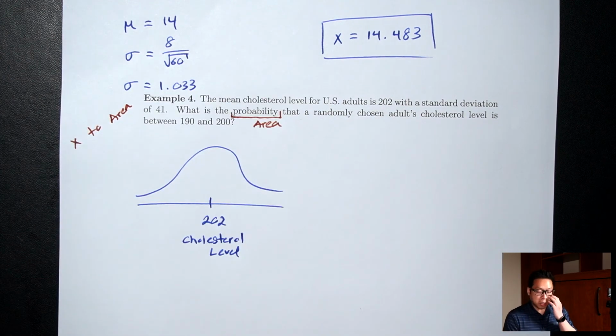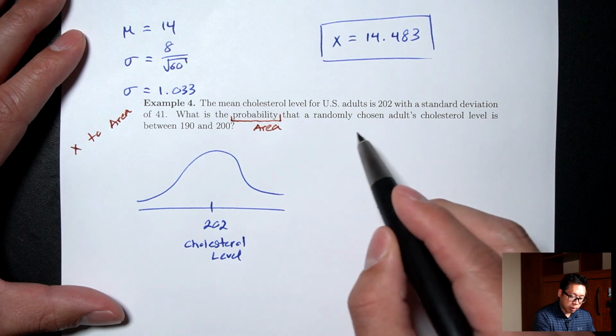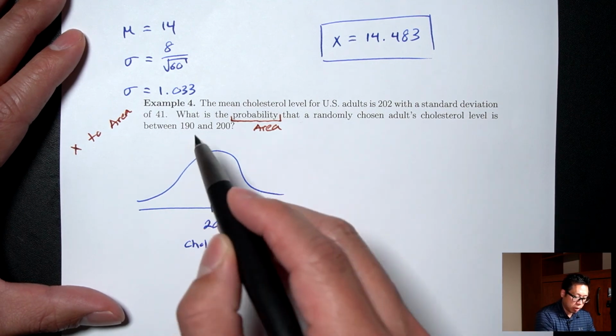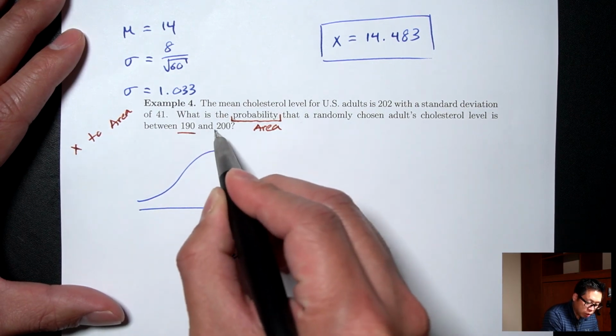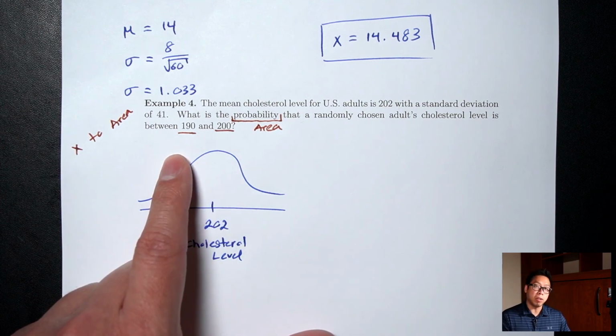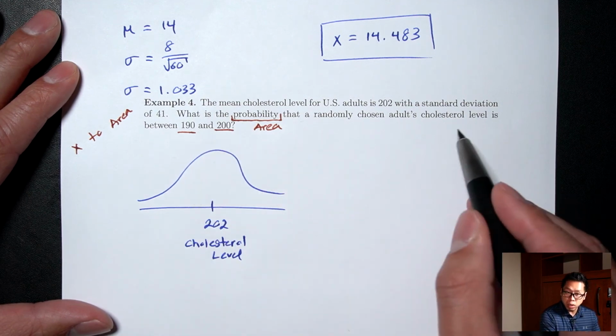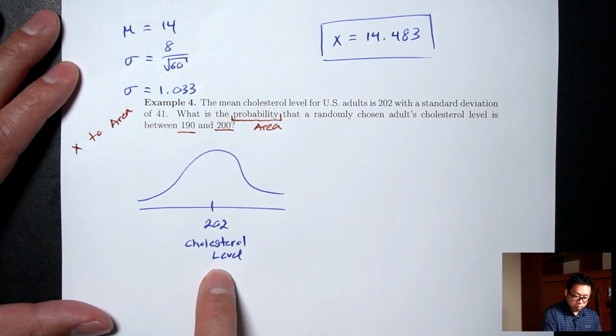Another way to decide is to read that last sentence and look at what else I'm giving you to start with. What is the probability that a randomly chosen adult's cholesterol level is between 190 and 200? So what is this 190 and 200? Are those X's or are those areas? Those are the cholesterol levels on my x-axis, those are X's.